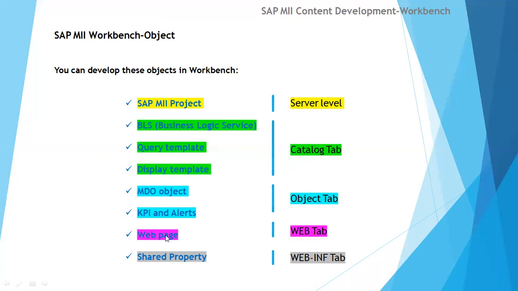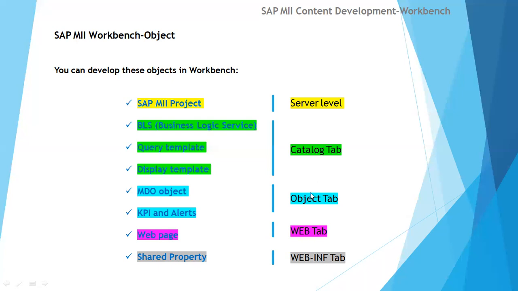There is a web page, so all the web page related files will be created in the web tab only. And shared property can be created only under the web-inf tab.